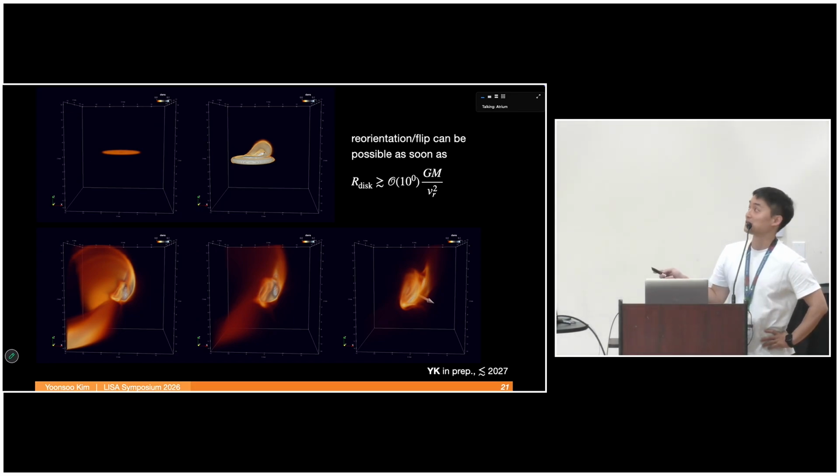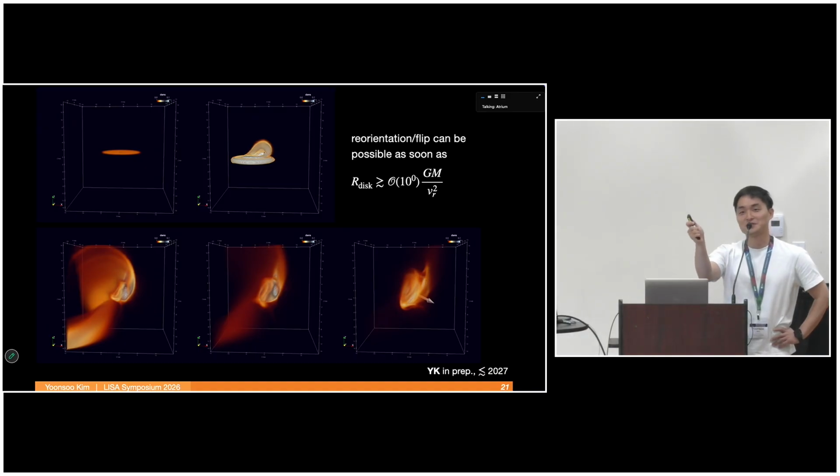I would say the ratio between the actual size of the disk and GM over V squared is governing how much angle you can do. Is it only 50 degrees, or can you completely flip it? Velocity plays a decent role here, so we better be really careful choosing this value. Thank you.